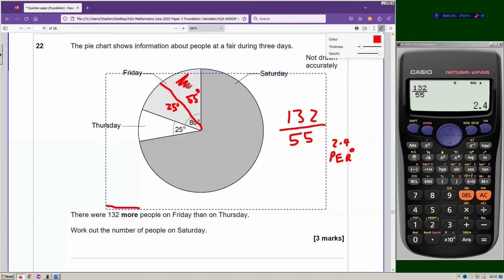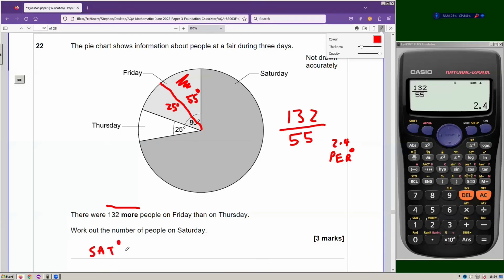So now what we do is we work out what this angle is around there. If the Saturday must be the degrees equals 360, because it's 360 all the way around, minus the 25, and minus the 80, which will equal, I should be able to do this in my head, shouldn't I? Let's have a look. 360 minus 80 is 280. Yes, that's right. 280 minus 25 is 255.